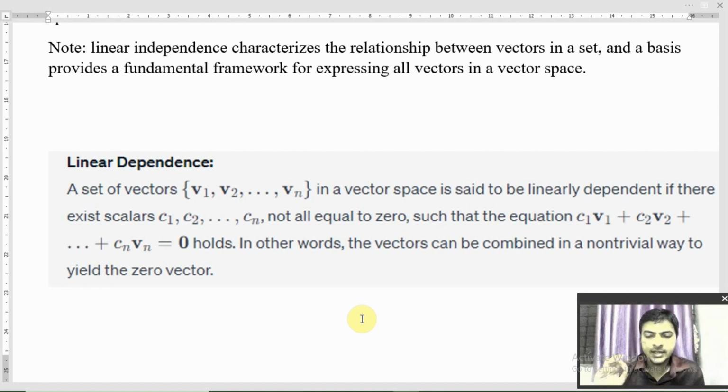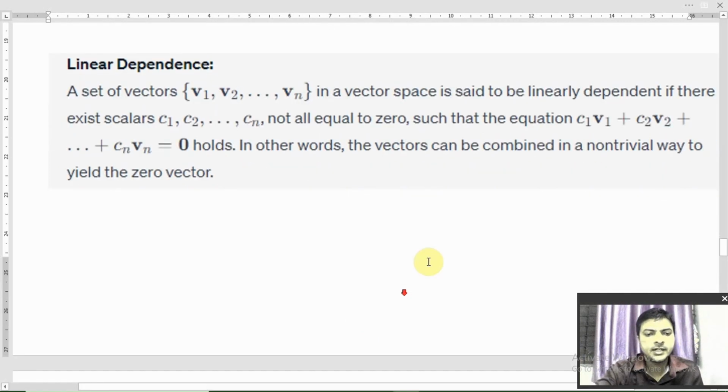Only one difference between linearly independent and linearly dependent: for independent, all the scalars must be 0. For dependent, the scalars are not all 0. So this is linearly dependent and independent.